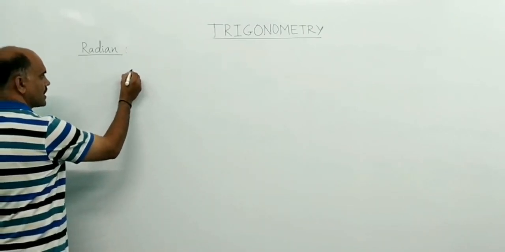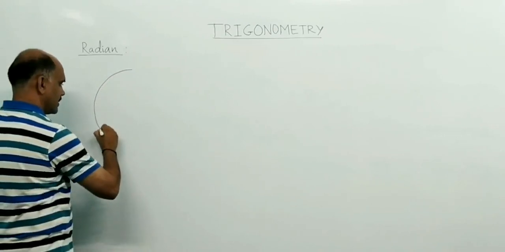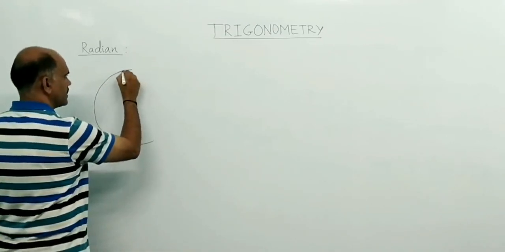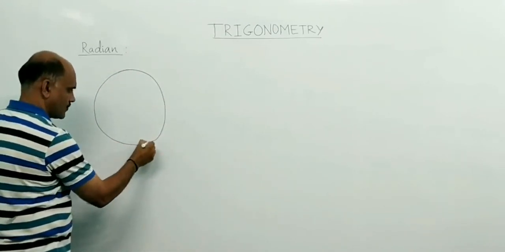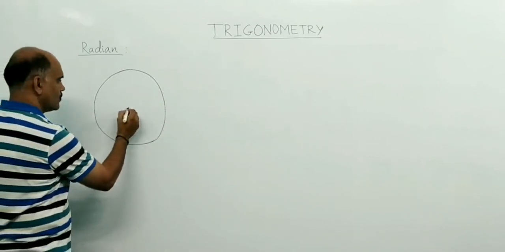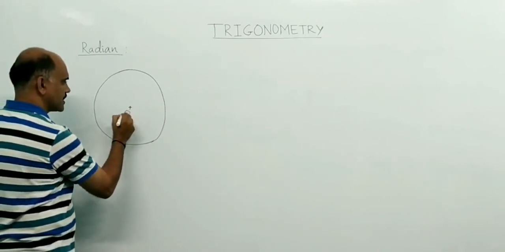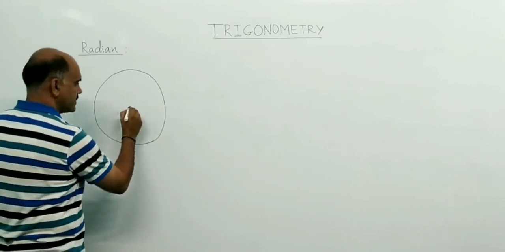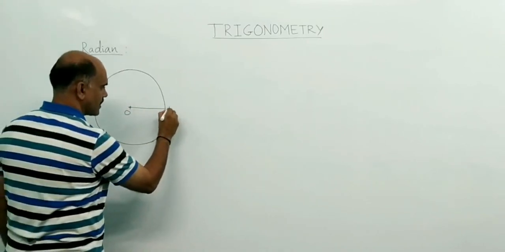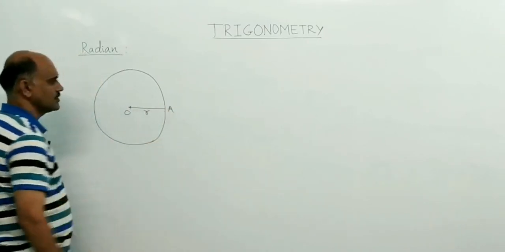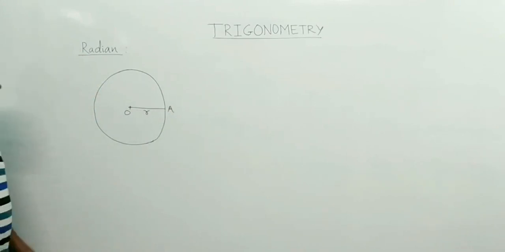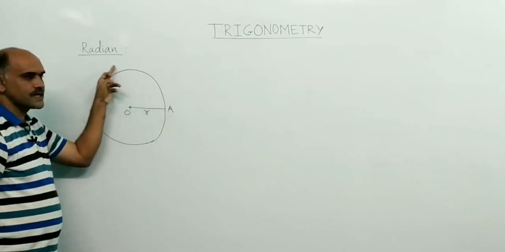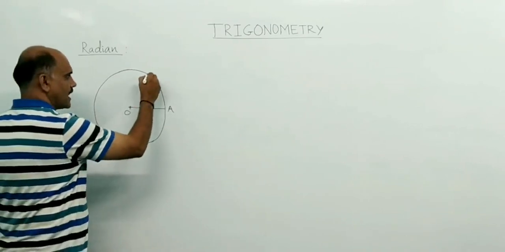First I will take a circle with the center O and radius equal to r. Now on this circle take an arc.